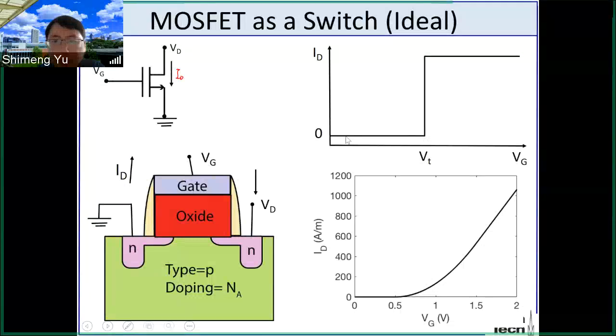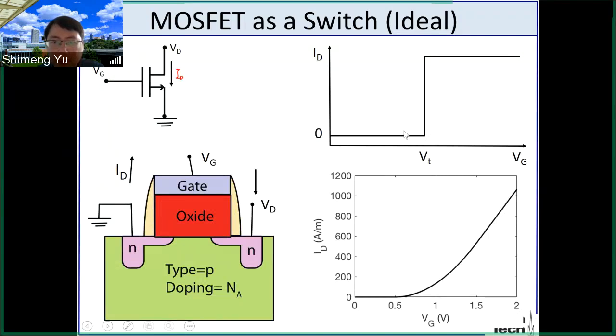Ideally, you want the current to be zero below the Vt, and then above the Vt, you turn on the switch, and then the current is in the on state. This is an ideal switch, and if you think about a light switch, you turn it on and off, you will completely conduct the current or open the circuit. So this is the ideal switch.